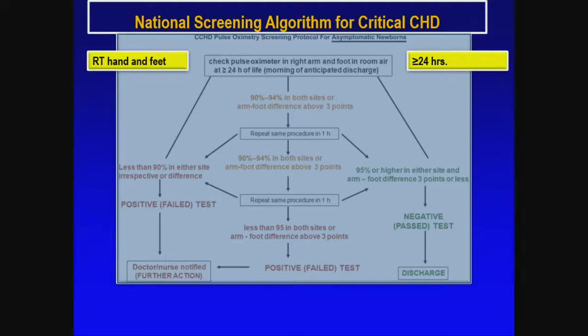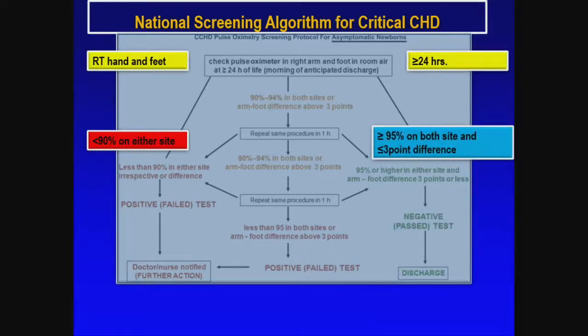You measure saturation in right hand and feet, and if your saturations are less than 90% on either side, the baby fails the test. If the saturation is more than 95% on both sides, and there is a less than 3-point difference, the baby passes.